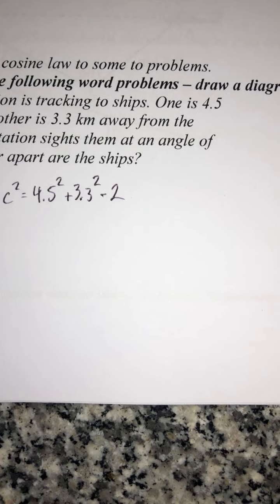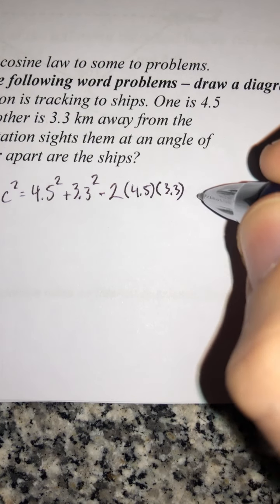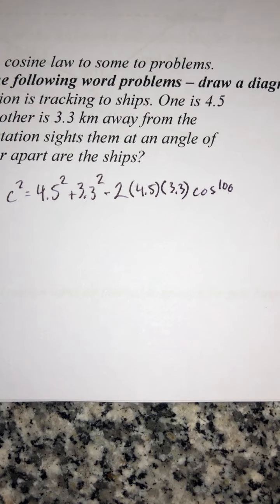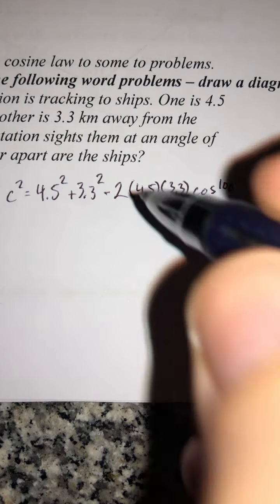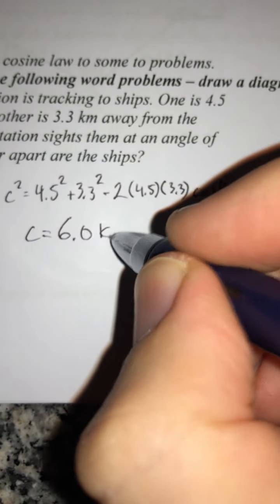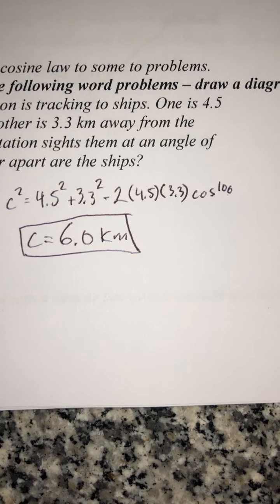I'm going to shift this over so you can see the full equation. And then solve for C. So C will be 6.0 kilometers. Again, don't forget to take the square root.